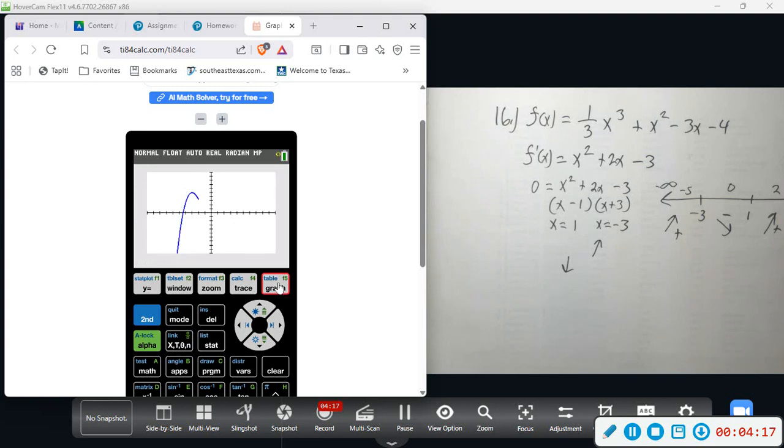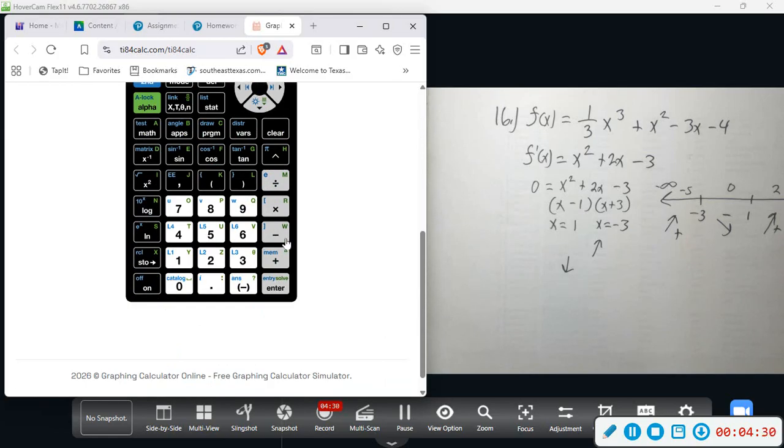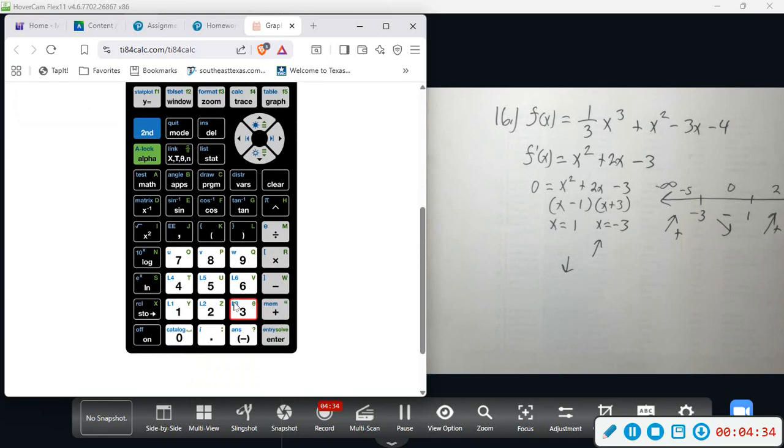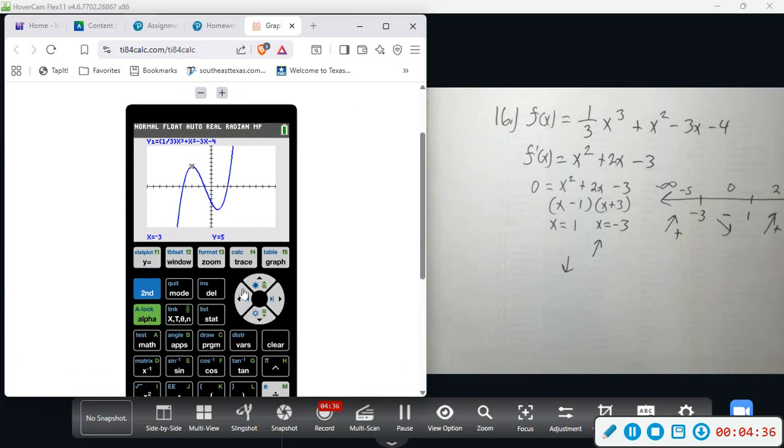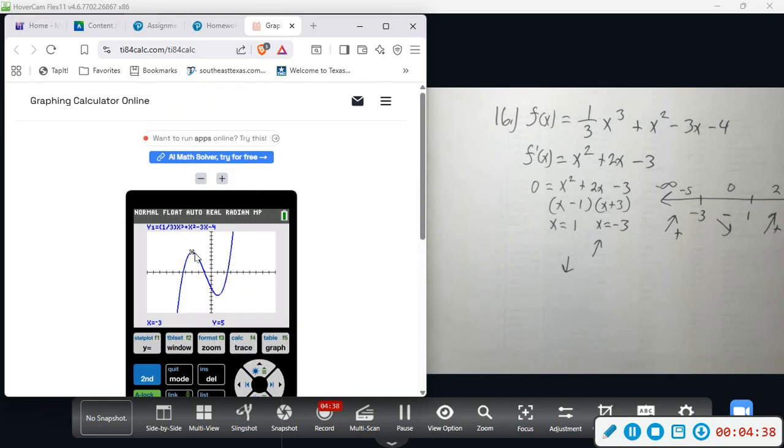I'm going to graph. You can kind of see that shape. -1, 2, 3. That's where that high point is. If I type trace and then -3, we'll see the y value. Okay, so that's about y value of 5.